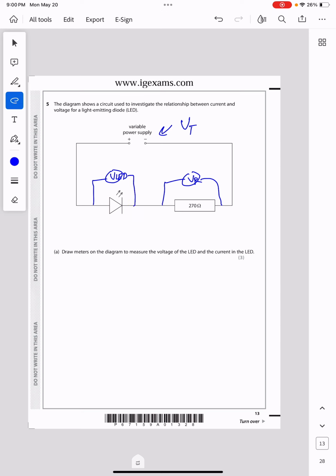So we have the total V divided, which is what happens in a series circuit. The voltage is going to be distributed among whatever equipment is there. As long as they have resistance, they will have a voltage there. So it is VR plus V lead.